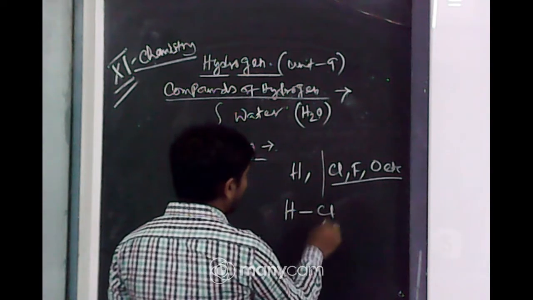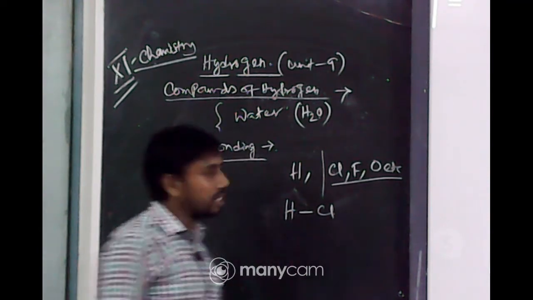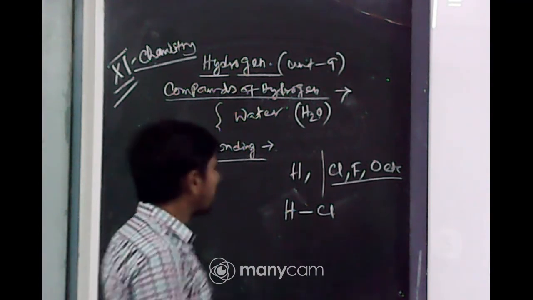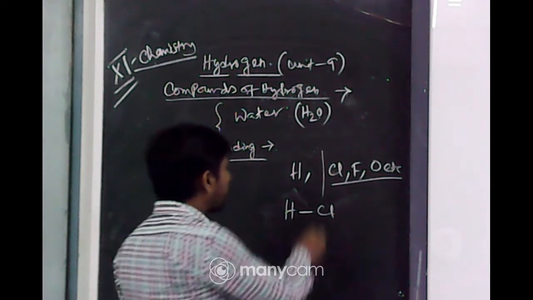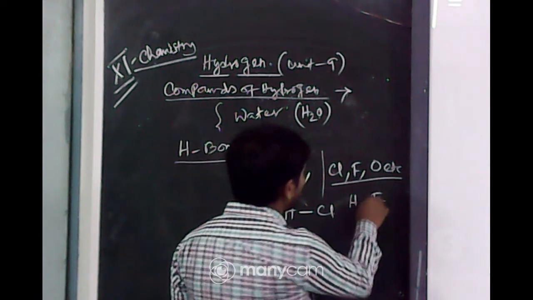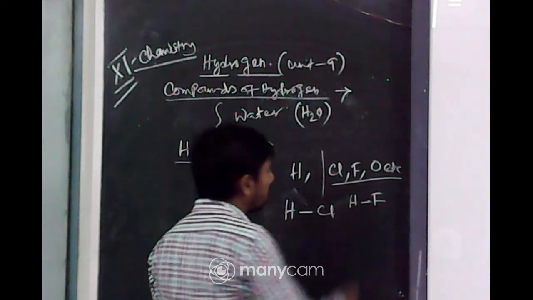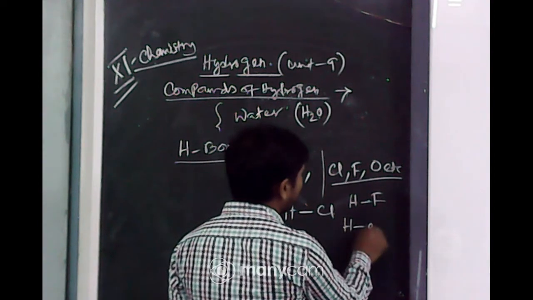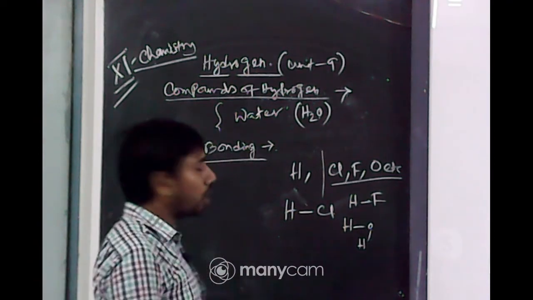It is a covalent compound, but the bonded electrons are somehow nearer to the chlorine because of its electronegativity. In the same way, in HF, the bonding electron pair is closer to the fluorine than that of the chlorine. In H2O, here also the bonding electron pair is closer to the oxygen atom.